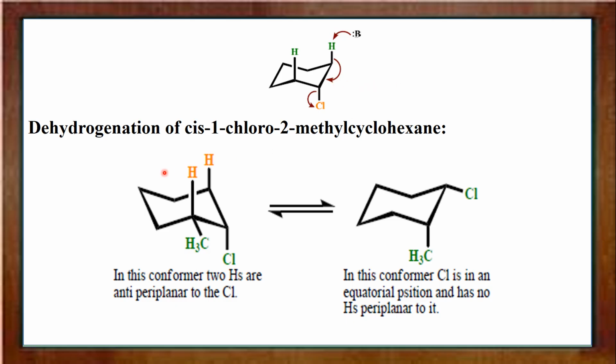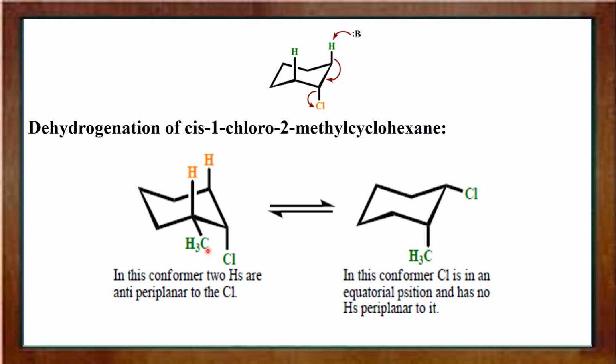ease. Here I have given another example, dehydrohalogenation of cis-1-chloro-2-methyl cyclohexane. Here the methyl and chlorine both are alpha bonds, both are downward bonds.